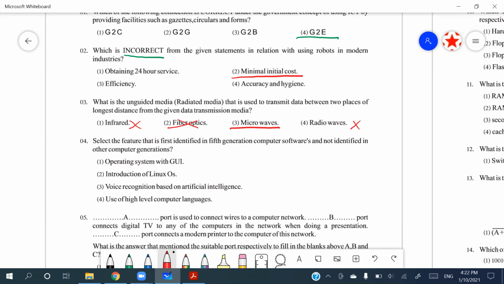Introduction of Linux OS, you can find on the fourth. And use of high-level computer languages, you can see is there from the second generation. So voice recognition based on artificial intelligence is going to be the answer, right? Voice recognition is an artificial intelligence technique, and they have directly mentioned artificial intelligence as well. So the third one is going to be the answer.